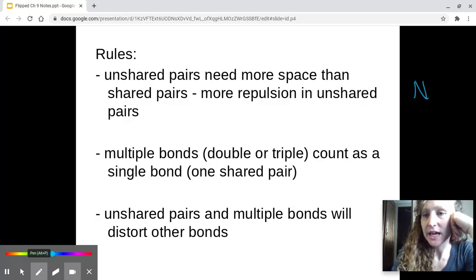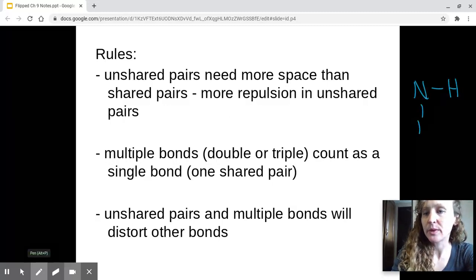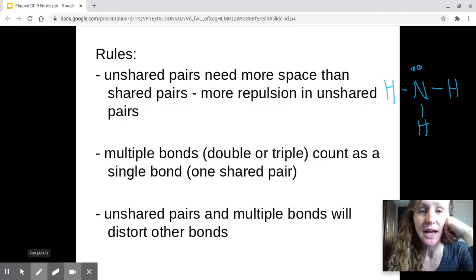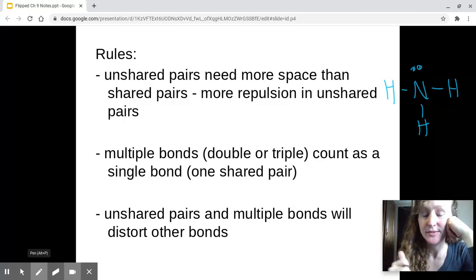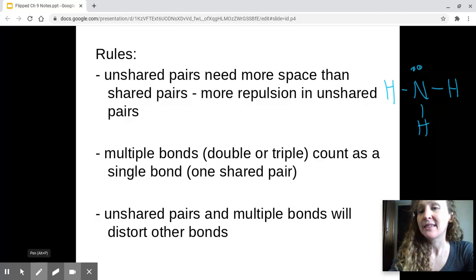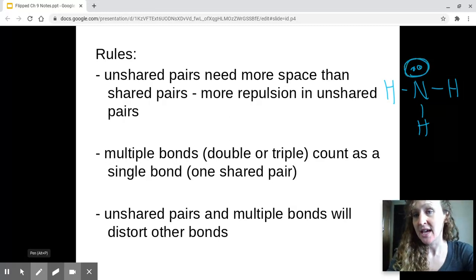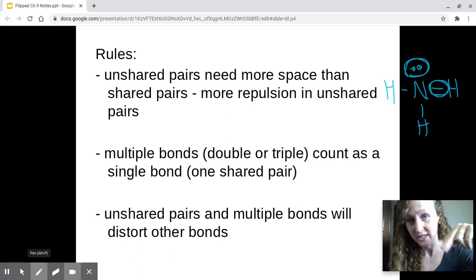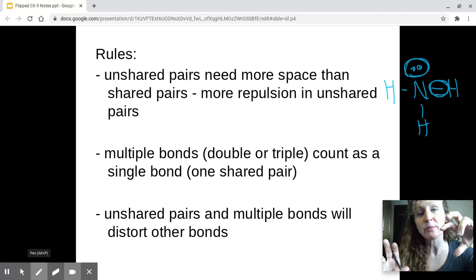Let's just look at something simple like ammonia. Ammonia has single bonds, and it also has a lone pair. So one of the rules is that this lone pair of electrons that contains 2 electrons, and this bonding pair of electrons that contains 2 electrons, they don't take up the same amount of space.